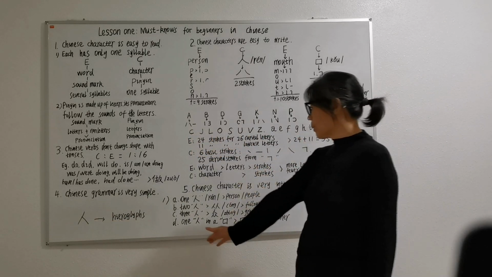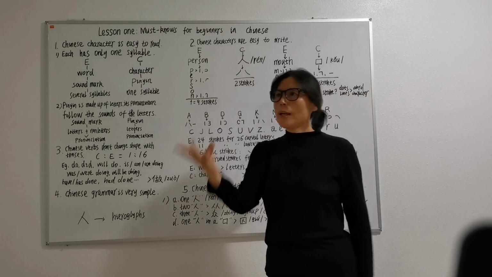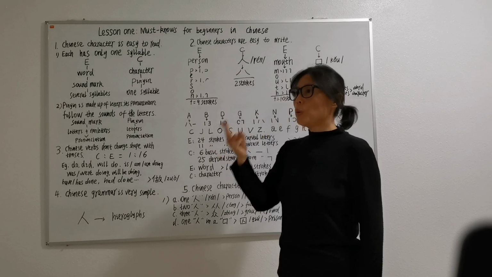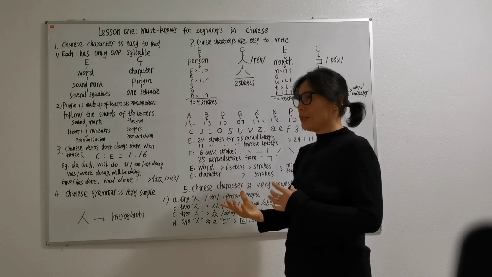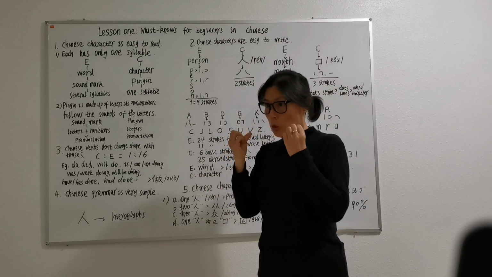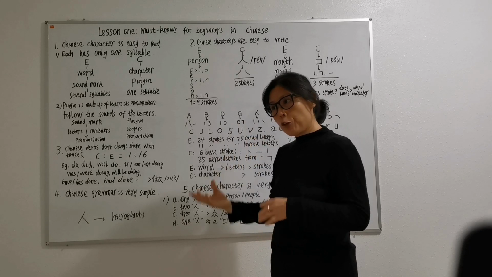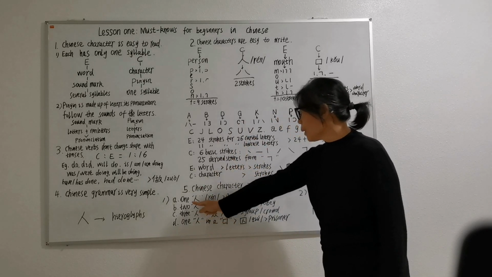We go first. 人, 1人, 2人, 3人, 1人 in 1 Chinese mouth. What will they form? Let's see.